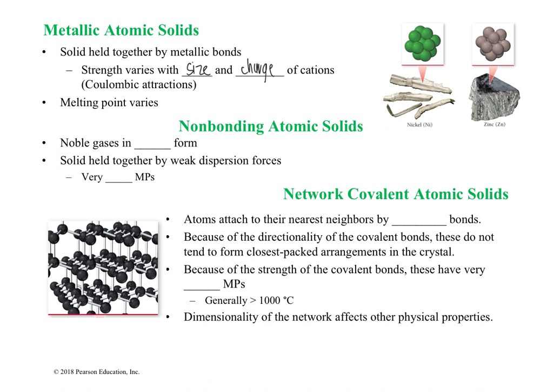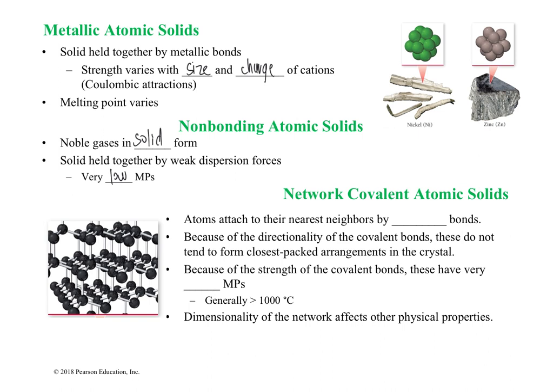Non-bonding atomic solids are noble gases in the solid form. And they're held together by dispersion forces, or LDFs, so those are very low melting points. We don't usually think of these as solids because they usually show up as a gas at room temperature.